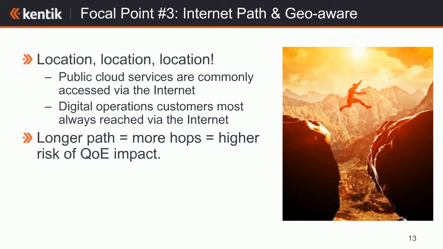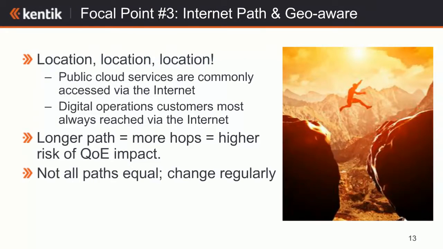So here's the reason why. The more hops that are taken between you and your resource, wherever it's being served from, is it your data center or is it in the cloud somewhere? The more hops, the more risk. Every time you take a hop, there's a potential increased latency, and so multiple hops. And even if you have a short number of hops, but you have a problem, you've got to think about alternative paths.